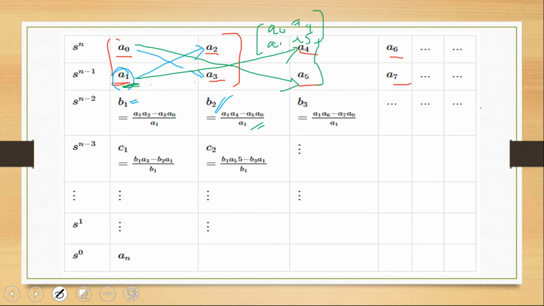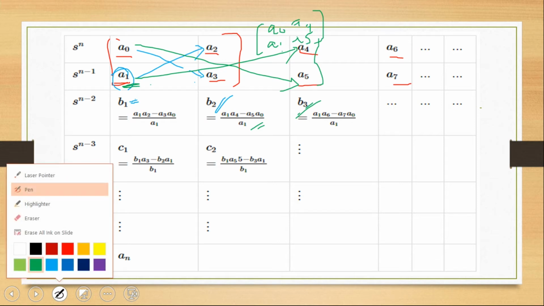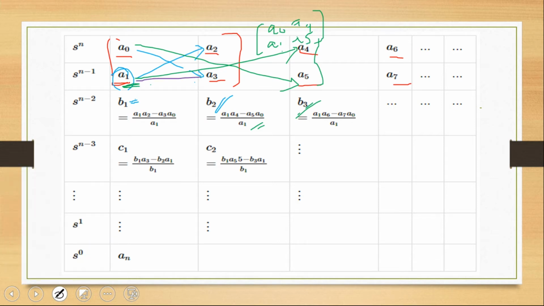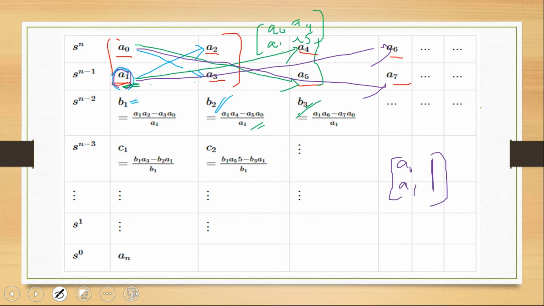Likewise, we will have the third element b3 as a1 into a6 minus a0 into a7, divided by a1. So our first column of the determinant will be the first elements of the first and second rows. So it will always be a0 and a1, whereas these two are going to differ. So likewise we construct the third row.